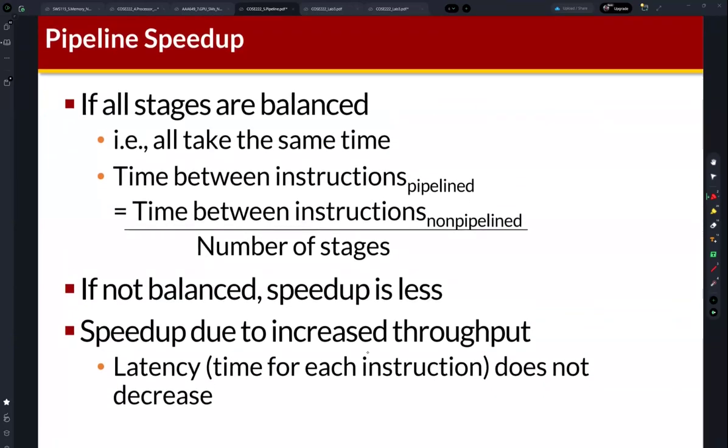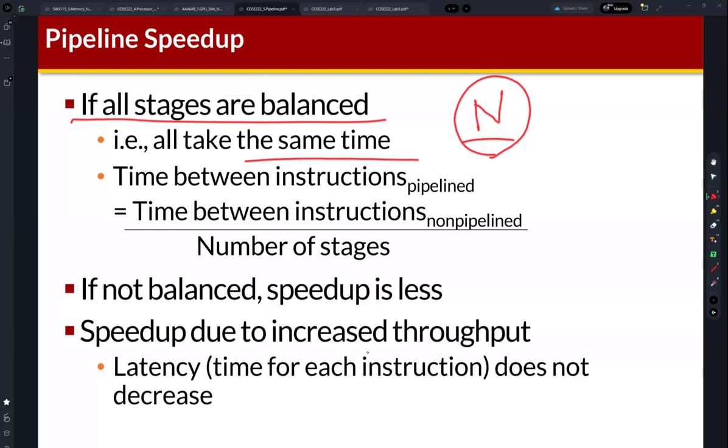So the speedup, if all stages are balanced, which means that if we can make the delay of each stage equal, all stages take the same time, then the speedup is the same as the number of pipelining stages, right?